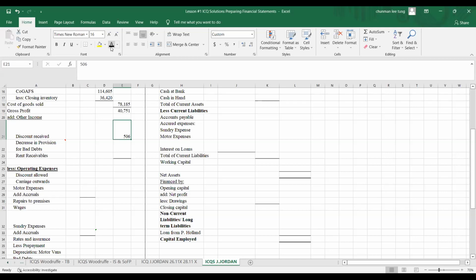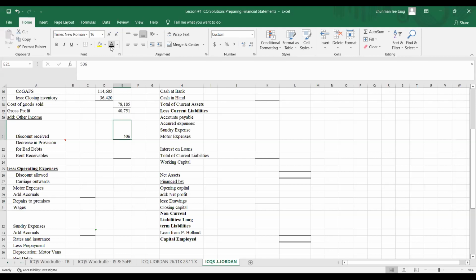Were there any decreases in the provision for bad debts? We say that will add to our income because our debtors are paying back monies that they were initially owing. So the fact that they are decreasing the amount that they were owing to us, it will add to our income.